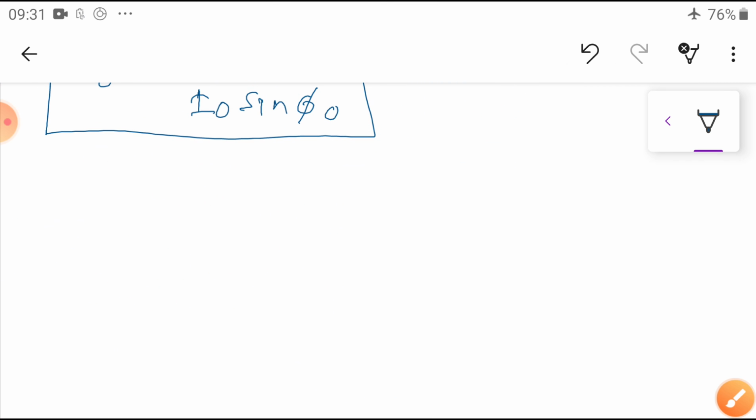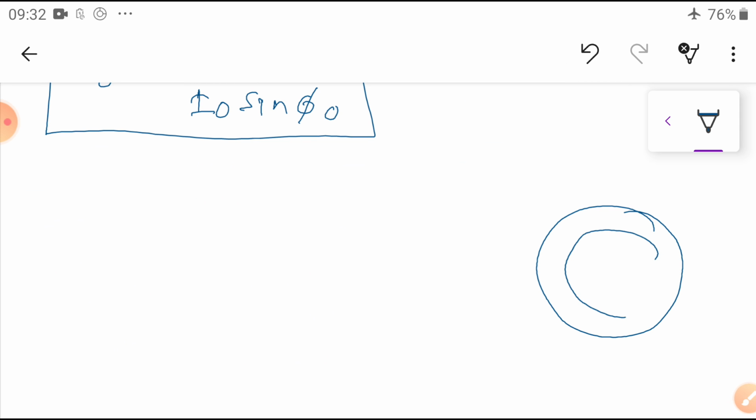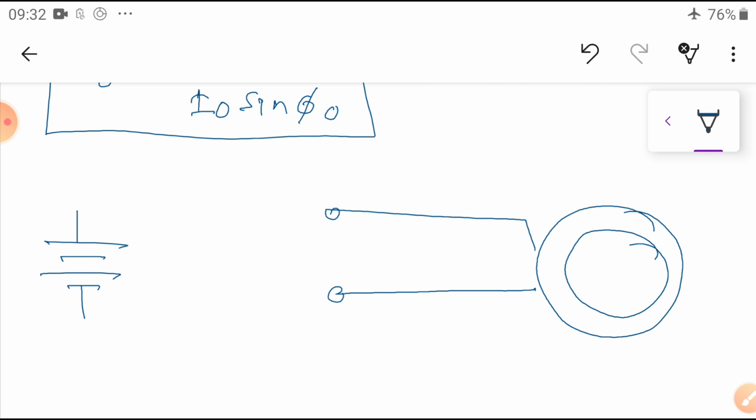Now the stator resistance test, what to do? You take one phase. Here you take any one phase. From this one you connect here, and here you connect one DC supply with variac.